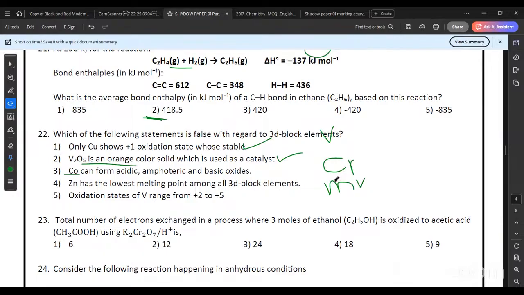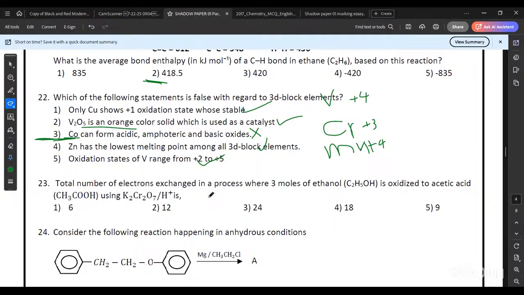The oxidation states are +4, +3, and +4. These oxidation states show amphoteric nature. So that means only these three can form amphoteric oxides in the D block. So this is wrong. Zinc has the lowest melting point. That is correct. Oxidation state of vanadium ranges from... This is also correct. That means answer number 3.